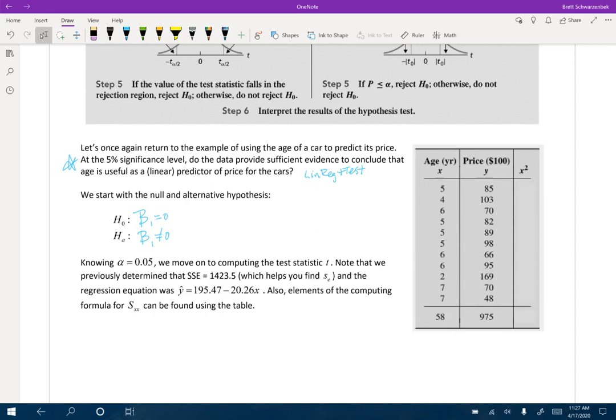So what does this mean, just to be clear? If beta 1 is 0, that means there's no real relationship going on, which means we would say age is not a useful predictor of car price.